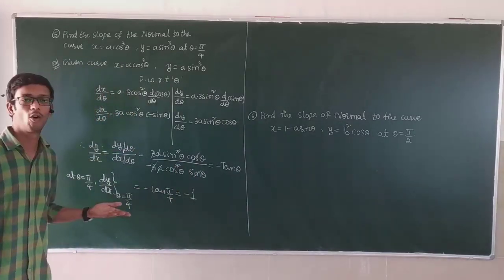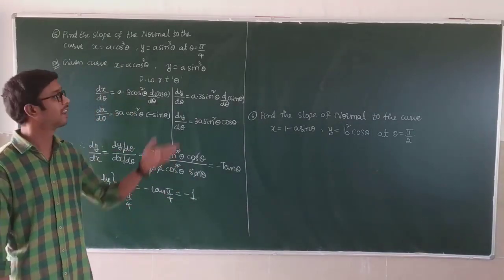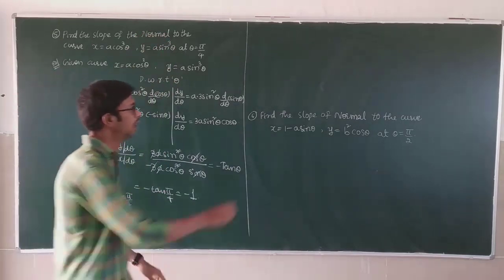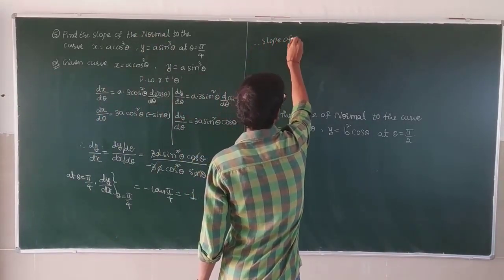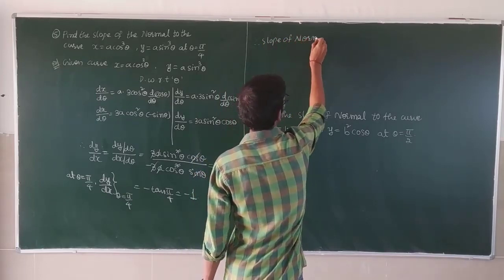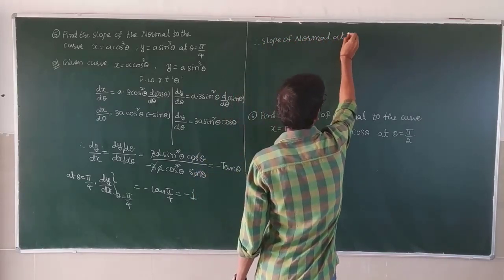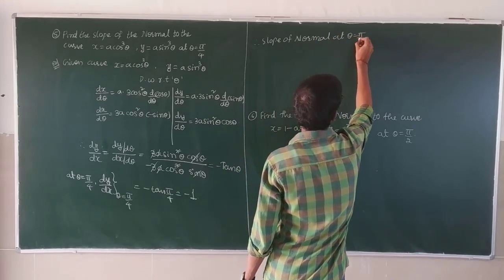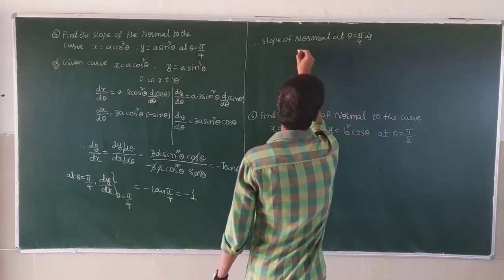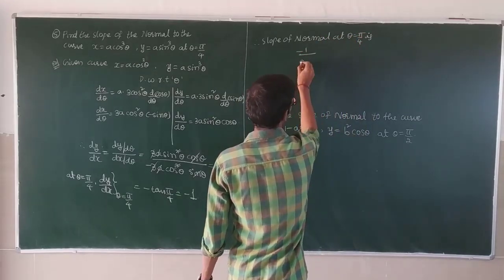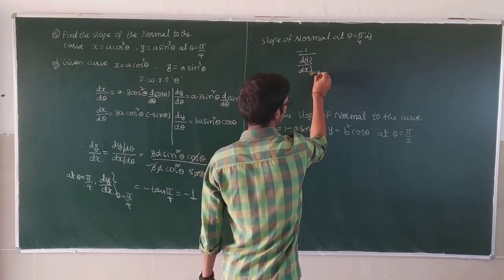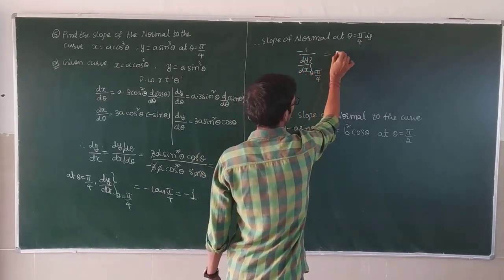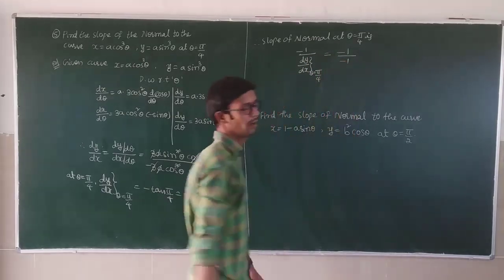This is the slope of the tangent, but it is asking for the slope of the normal. Therefore, the slope of the normal at theta is equal to pi by 4 is minus 1 by dy by dx at theta is equal to pi by 4, which is minus 1 by minus 1.